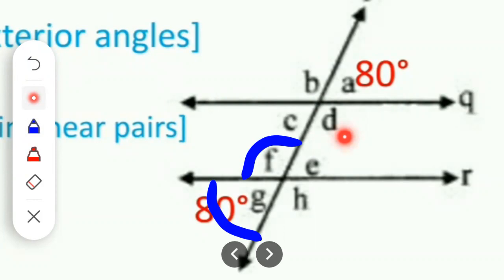If D is 100, F is an alternate angle with D. D and F, those are alternate angles. So D will be 100, then F will also be 100.